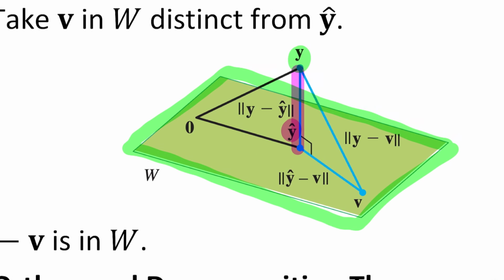In other words, let's say there is another point v here, and this is the length between y and v, right? So as you can see, the length of y minus y hat is smaller than the length of y minus v, right?